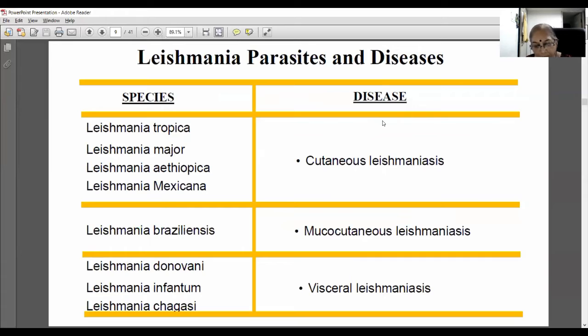They are also found in Central and South America. Leishmania tropica, major, and ethiopica cause cutaneous leishmaniasis, and they are usually found in the Middle East, Mediterranean coast, Ethiopia, Africa, and India.